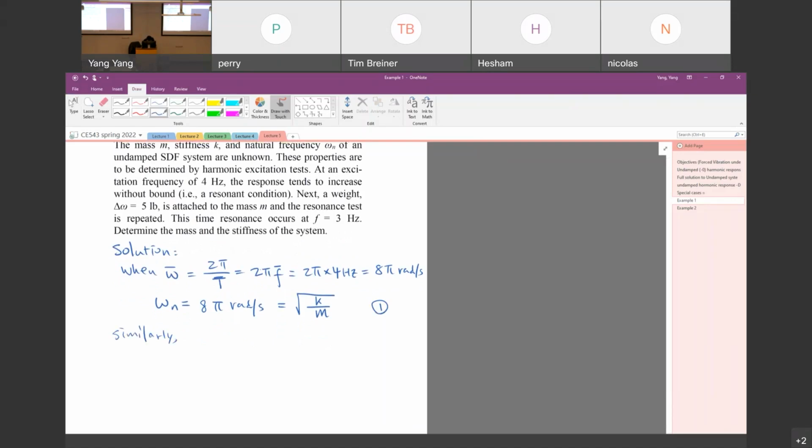And when we change the omega bar, the frequency of excitation is equal to 3 hertz. Then we have omega bar prime that's equal to 6 pi.